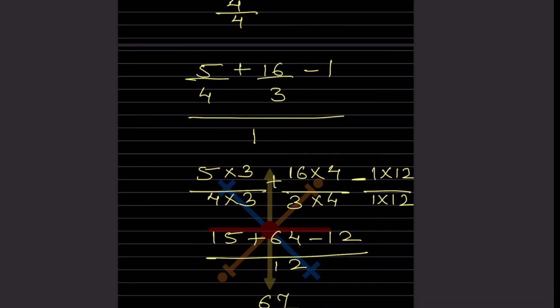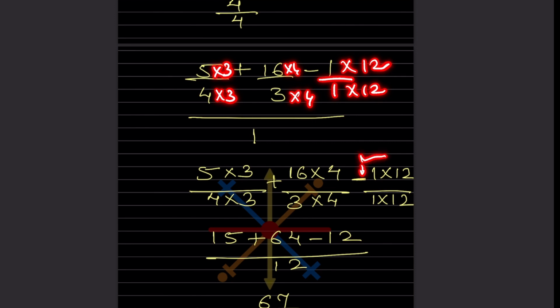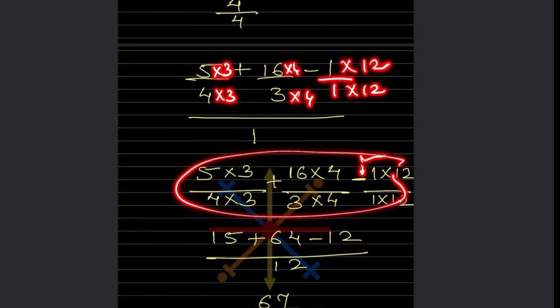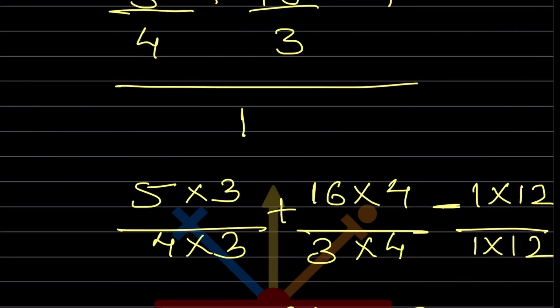So now what will you see? Now let us see, the LCM is going to be, now we are going to concentrate on the numerator here, this one. So the LCM is 12 over here. So you are going to multiply this by 3 to make it 12, this by 4 to make it 12. Here there is nothing, which means there is 1, so you are going to multiply by this one to make it 12. So this is what I wrote over here. Can you see here? This step. Yes. So now concentrate on this step.